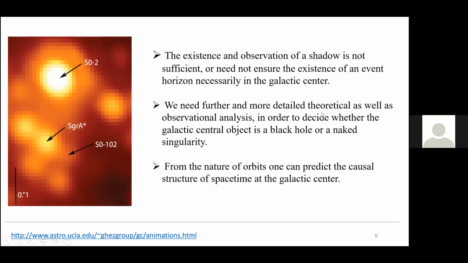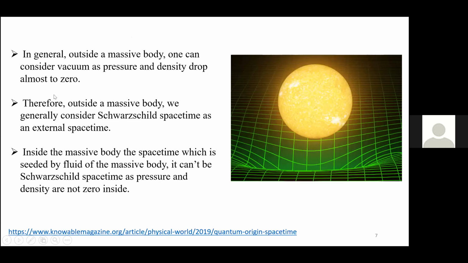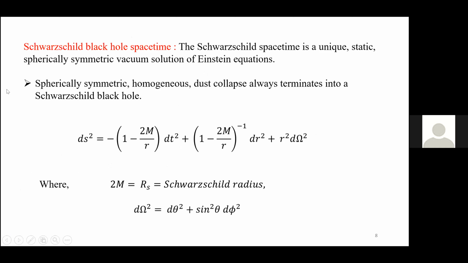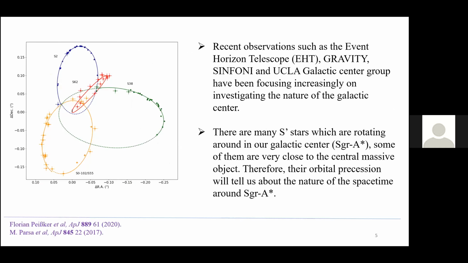Question, can you go back to your slide? So SO102 also has gone through the whole period now. The orange one, SO102, what is its period? SO102 has a period of 11.5 years or so.